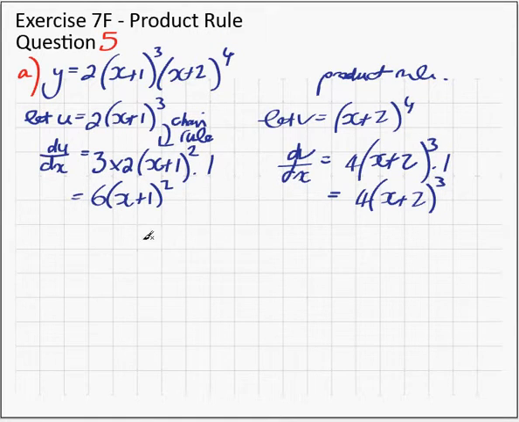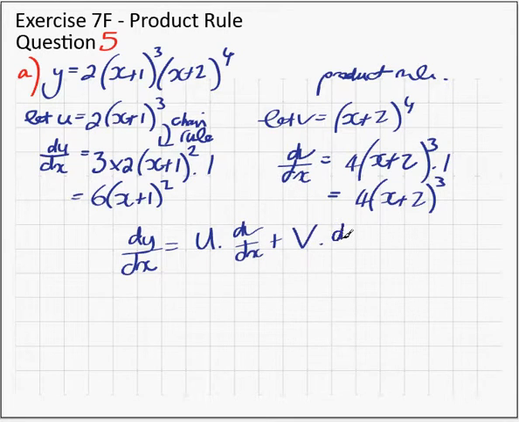Now I need to use the product rule, sorry, which is if y equals u times v, then dy/dx is u, which is the first term, times the derivative of the second, plus the second times the derivative of the first.